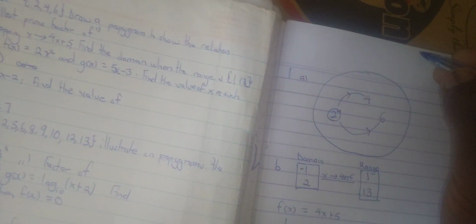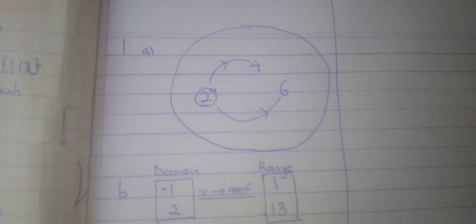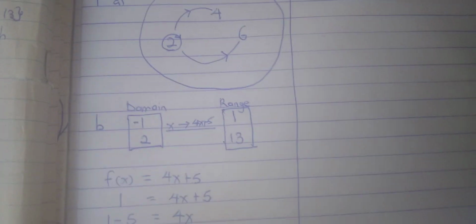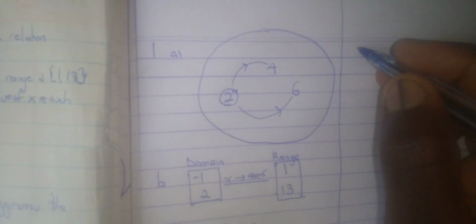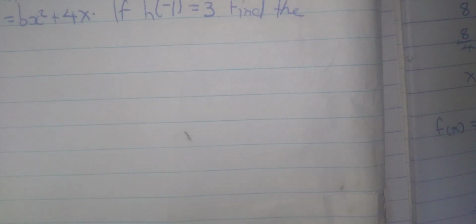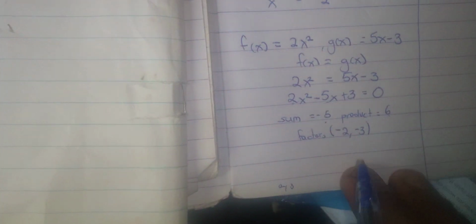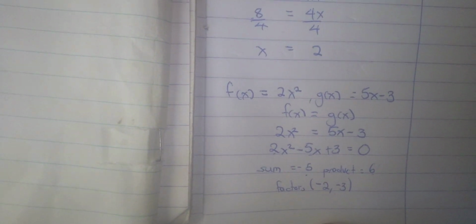So here we have 2x squared, and in place of negative 5, we shall put the two factors we got, which are negative 2 and negative 3.